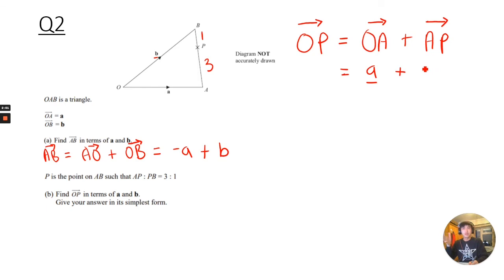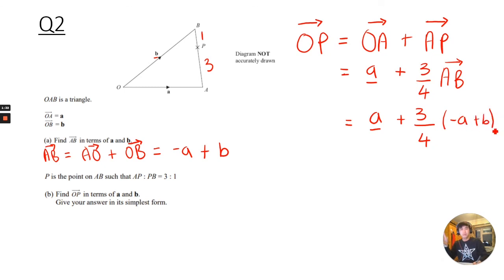So actually, AP is 3/4 of the way from A to B. So we've got the vector A plus 3/4 of the vector A to B, which we have from the first question, which is negative A plus B.